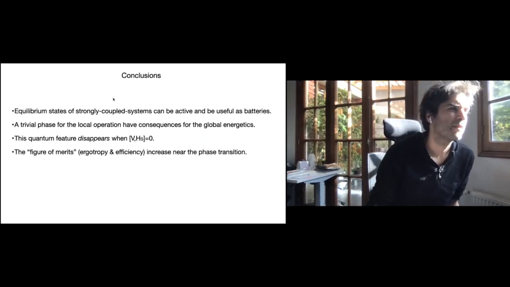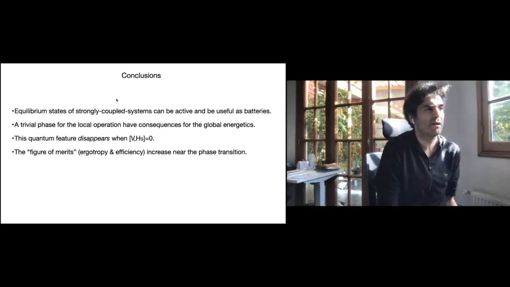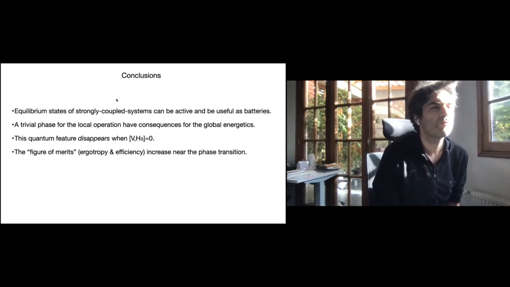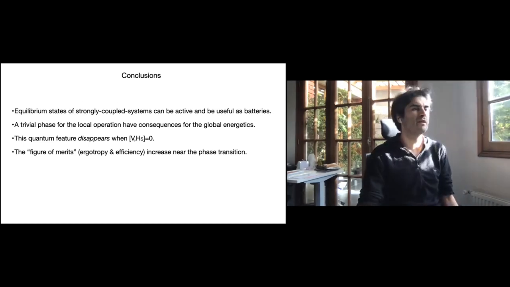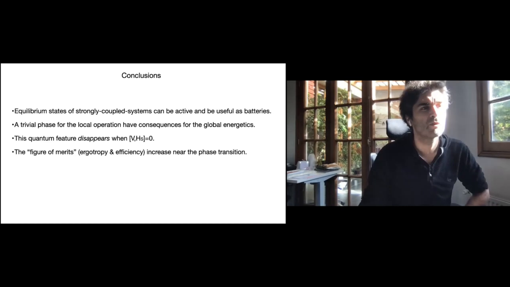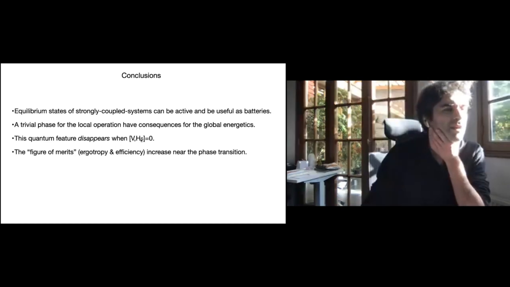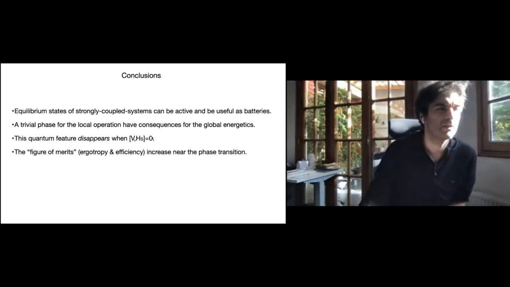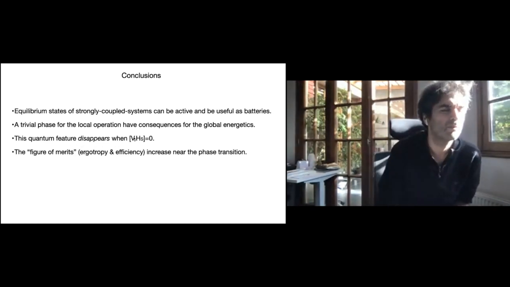So the important messages are that equilibrium states for strongly coupled systems can be active and therefore useful as batteries. So for a quantum battery that works in this scheme, there are local phases which have consequences for the global energetics, which is a quantum feature that exists only when we have non-commutativity, or as I said here, it disappears when the Hamiltonian commutes with the interaction.